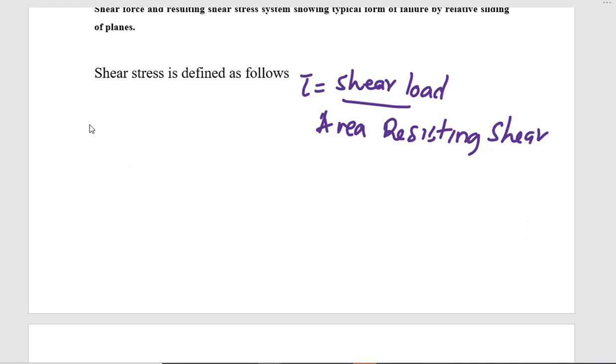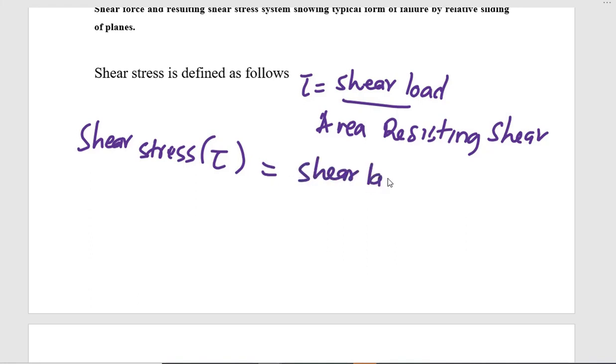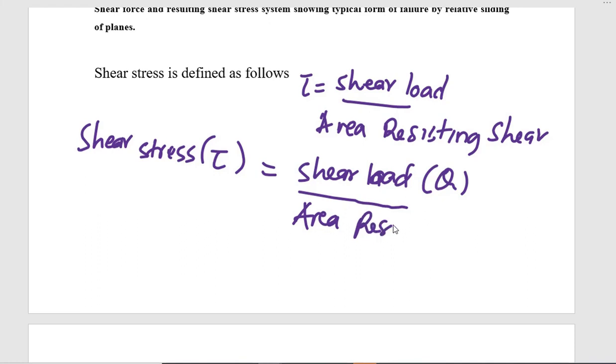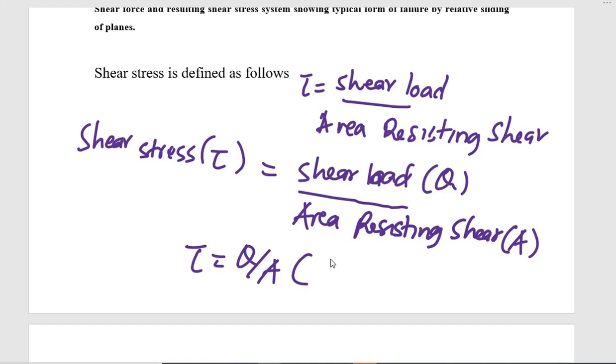So this is shear stress tau is equal to shear load, and according to the above system, it is Q divided by area resisting shear, and this is A. It will be observed therefore that tau equals Q over A, and this can be in kilonewton per square meter.